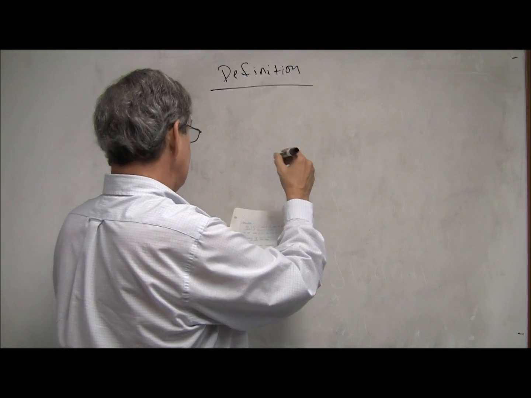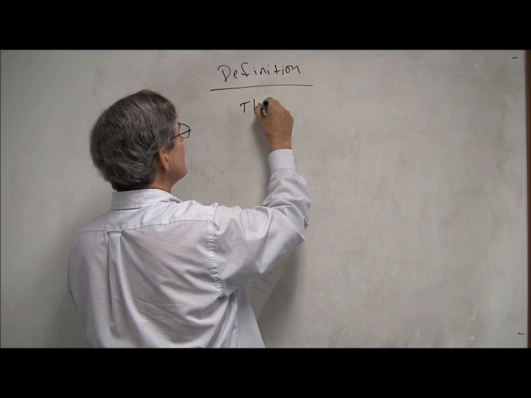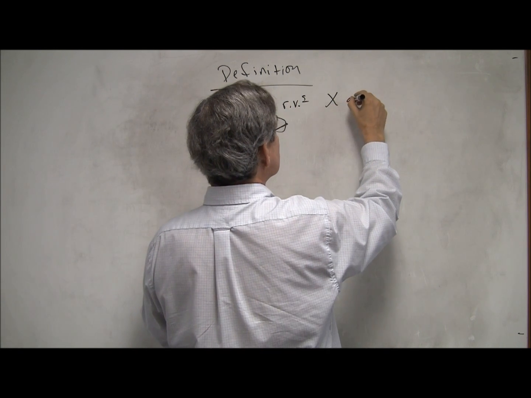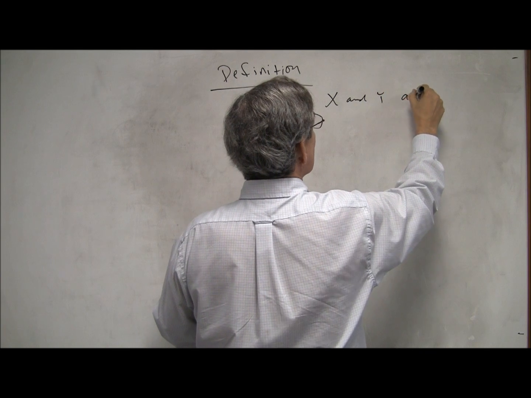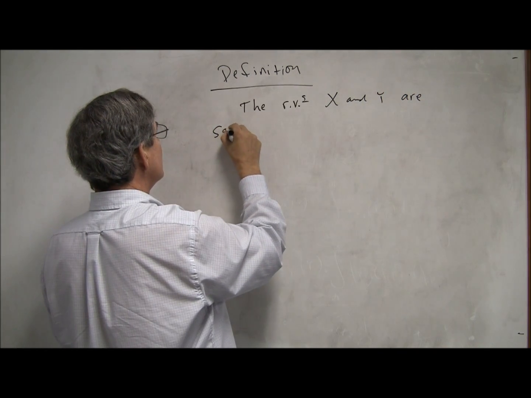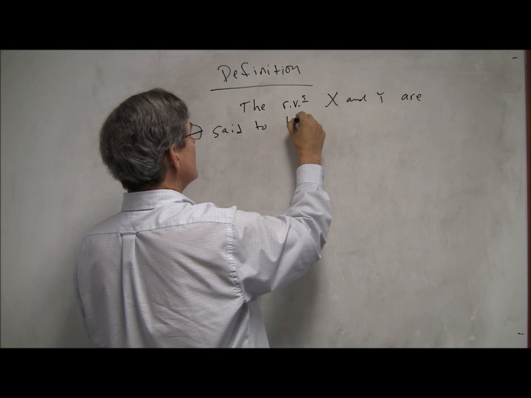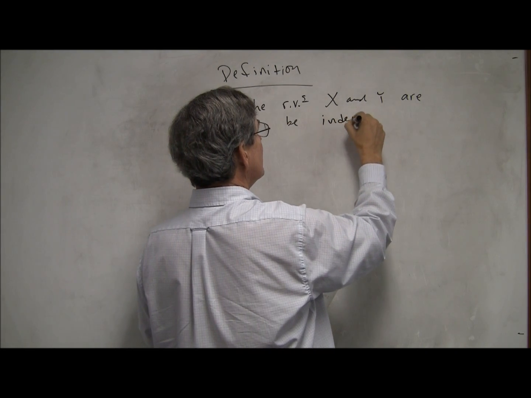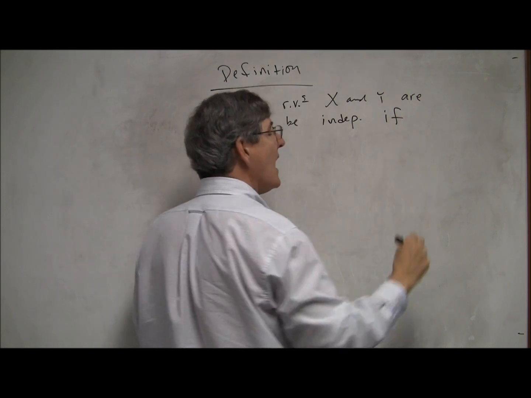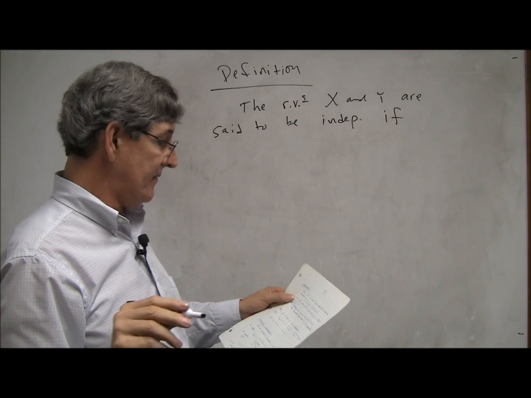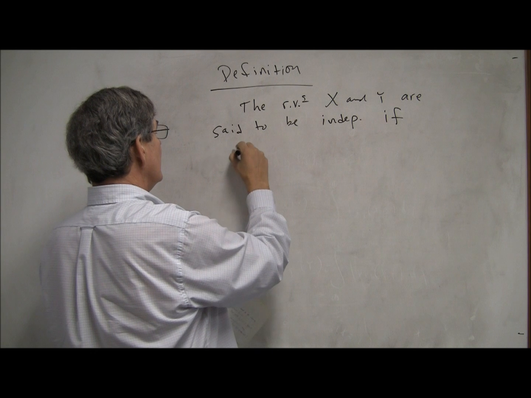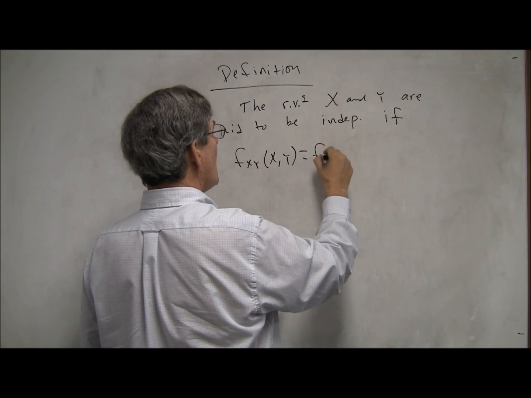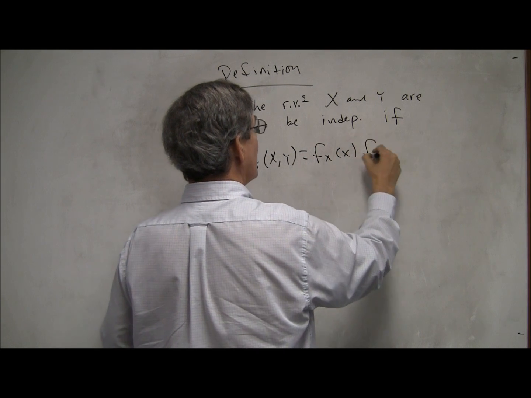So how do we define it? The random variables x and y are said to be independent if, and this is not an if and only if, this is just an if, the joint distribution is the product of the marginals.